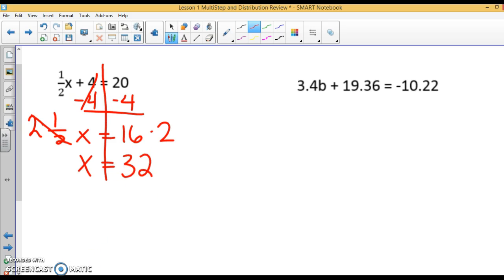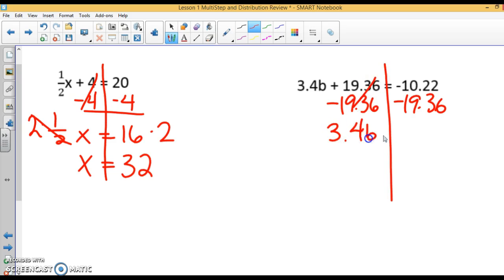And over here, some of the problems we'll be doing will be in decimals, right? Same thing, we just split it up. I'm going to subtract 19.36 from each side. We'll cancel that out, so I'm left with 3.4b equals negative 29.58, right?